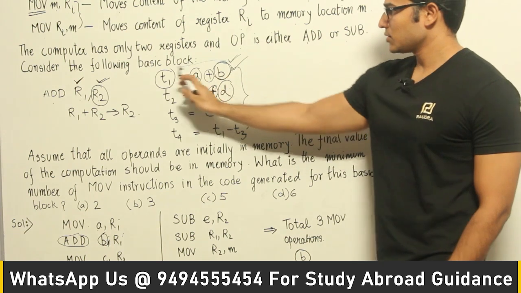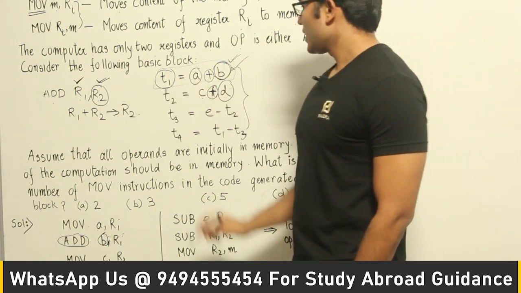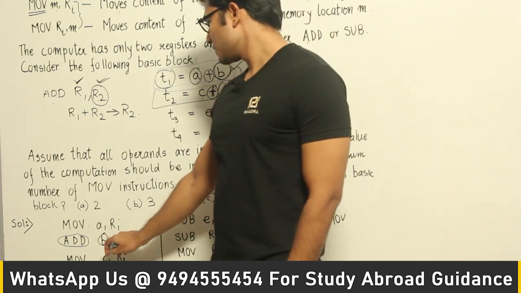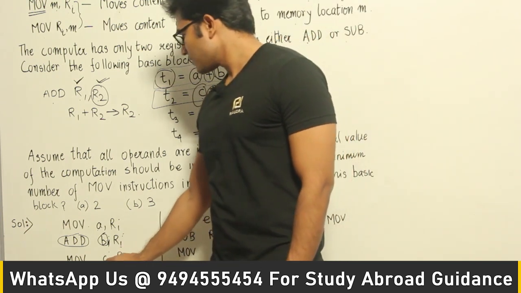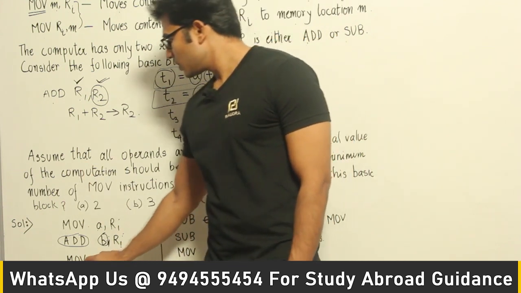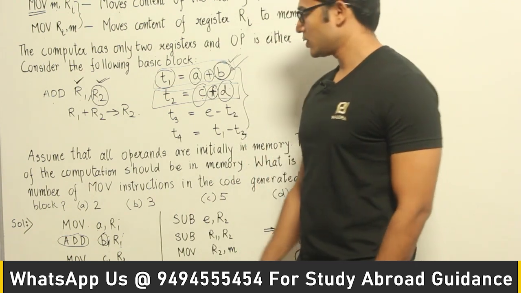Now for this entire instruction, I have used up only one move operation. Got it? And now for the second instruction also I can do the same. I can move C into R2. C is moved into R2, and instead of moving D explicitly from the memory into the register, we can use the operator add that is going to do the purpose for us. Now what is it going to do?